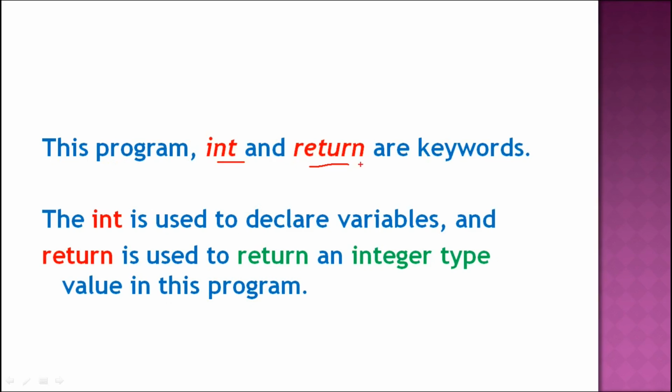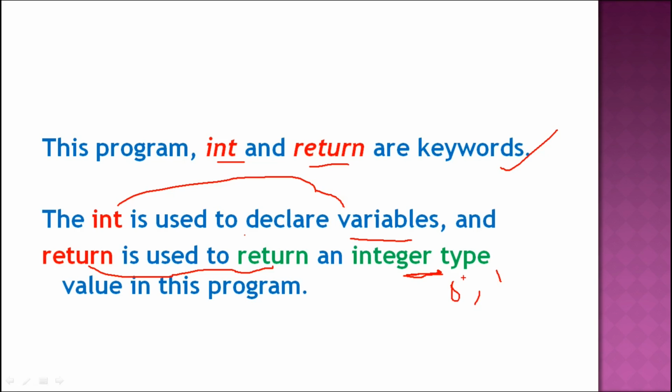We already saw that int is used to declare variables, integer variables, and return is used to return an integer type value. Return 0 or any other value: 0 means successful, and any other value means the program failed. This is all we have done here.